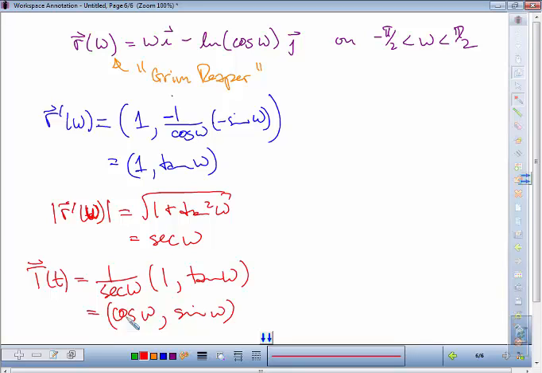So they want us to find specific values for w. Let's find a couple of them. Let's find out when w is equal to negative pi over 4, 0, and pi over 3.